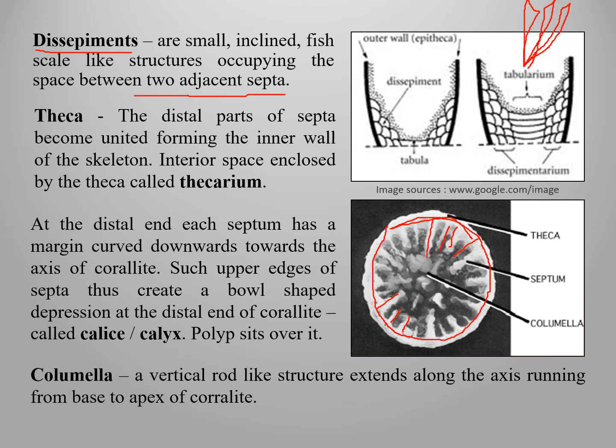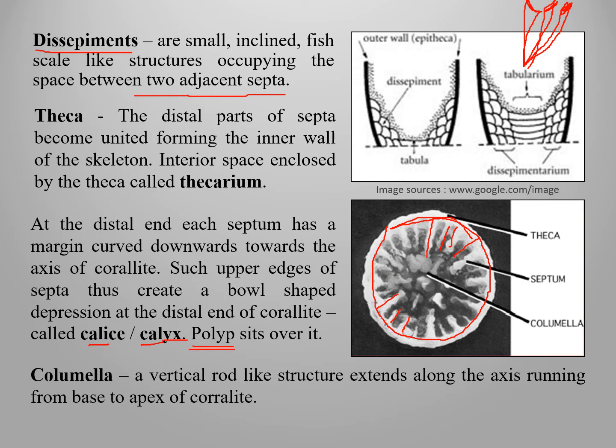In all these septa, the distal part, towards the mouth, becomes somewhat curved, and due to this curve there occurs a bowl-shaped depression, which is known as the calyx. This is the position over which the original organism, the polyp, sits.